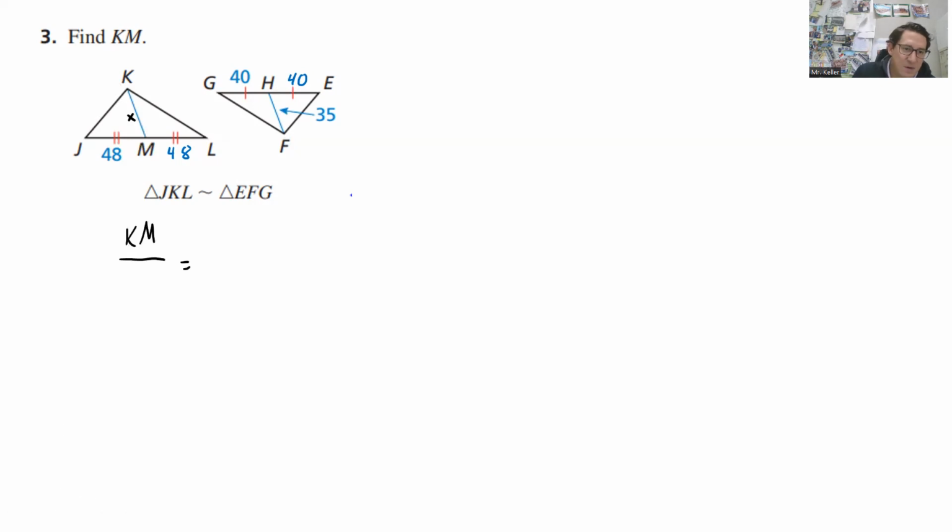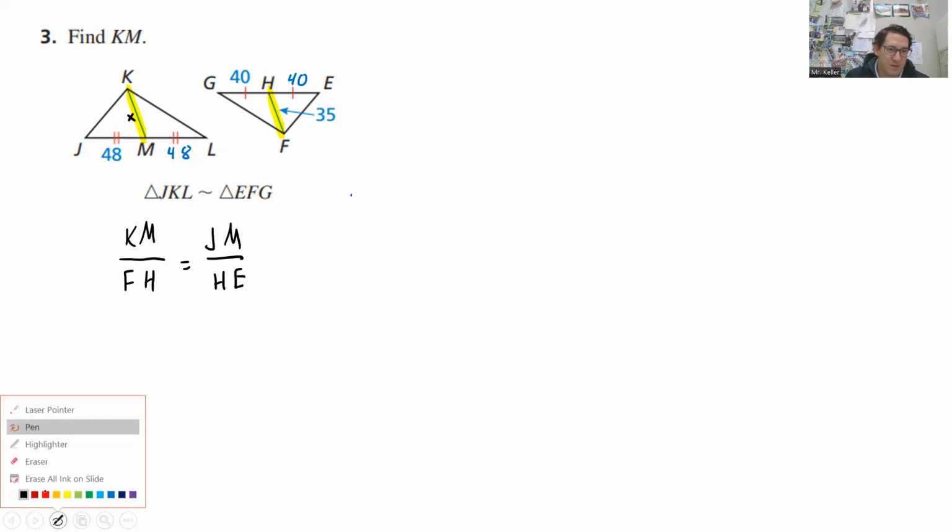So no, I don't want a black highlighter. That's not helpful. This KM corresponds to the FH here. And then I'm going to use JM, and that is going to correspond to HE. So let me highlight that where I'm seeing those.